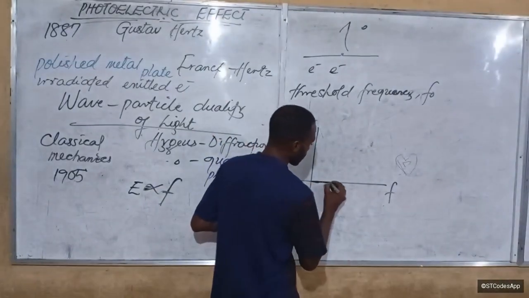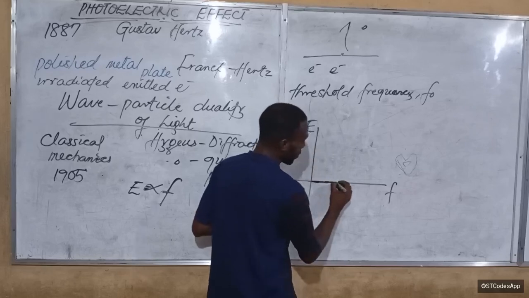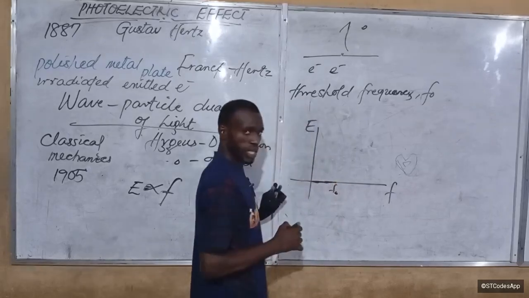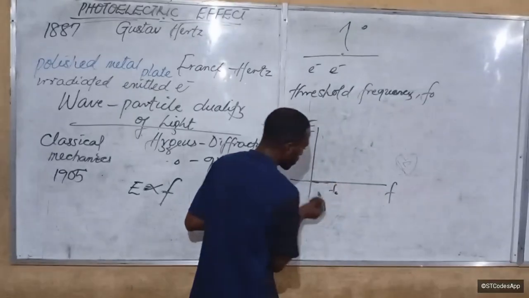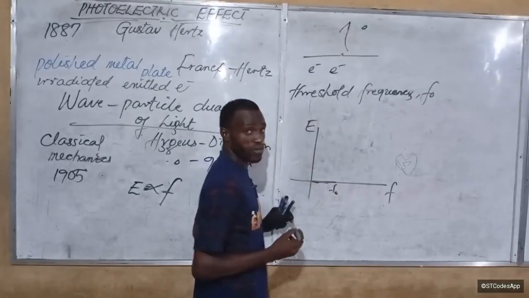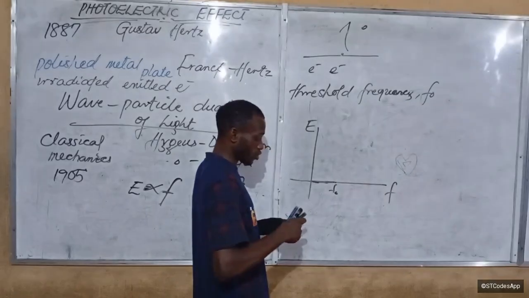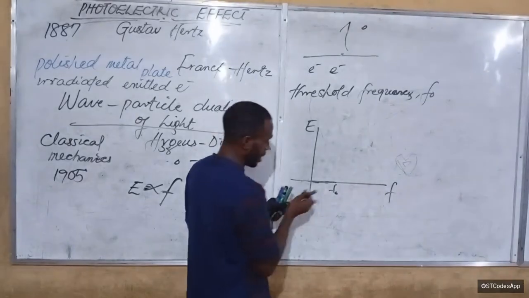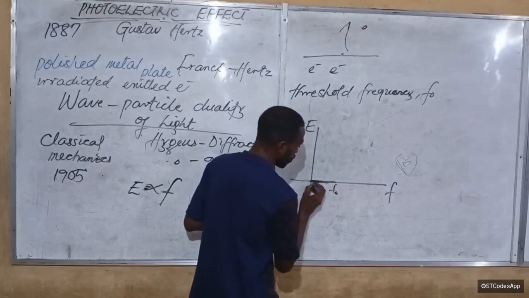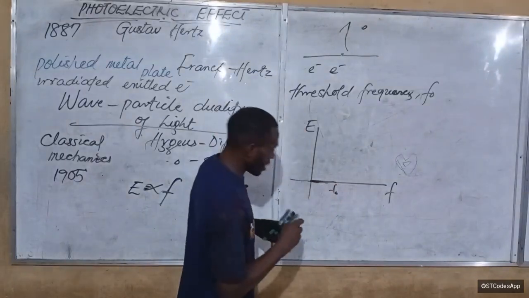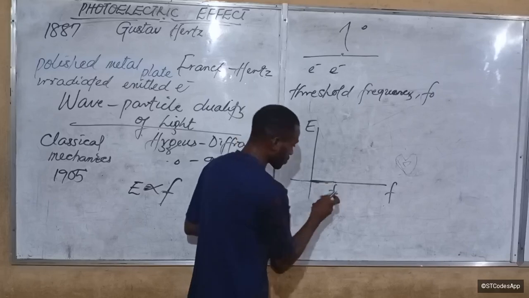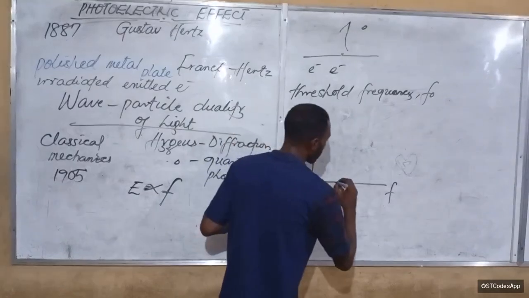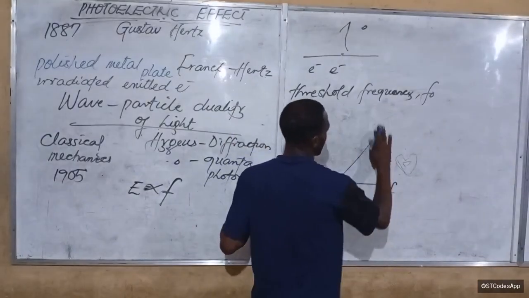It now turned out that after a while, where we have gotten to F naught, is that okay? So it means that from here to here, were lower frequencies of light shone on that metal surface. So we found out that there's a particular frequency, which is this threshold frequency, after which there is ejection of electrons.